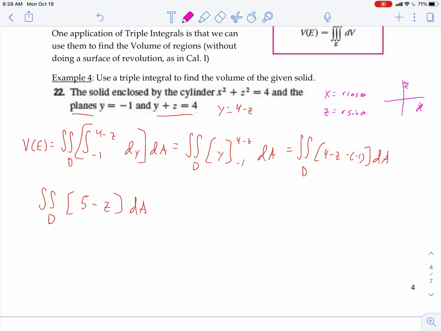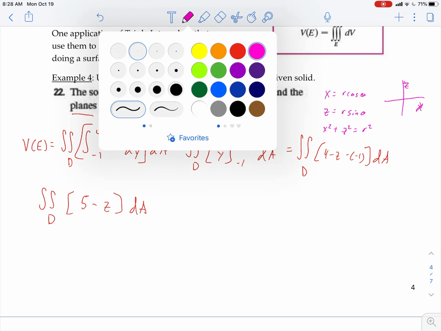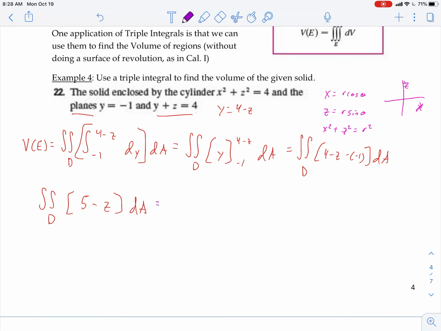So we're going to be able to use our polar coordinates, but instead of xy on the xy plane, we can now put these on the xz plane. And so that means that x squared plus z squared is equal to r squared. All right, so now I'm going to change this up to be the double integral, and for theta, our circle is going to be a full rotation, so 0 to 2 pi.